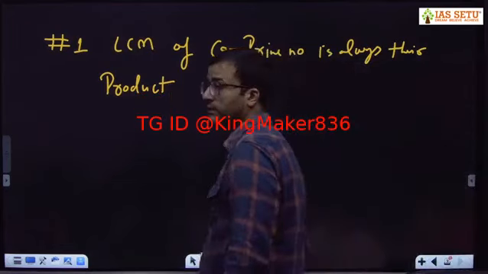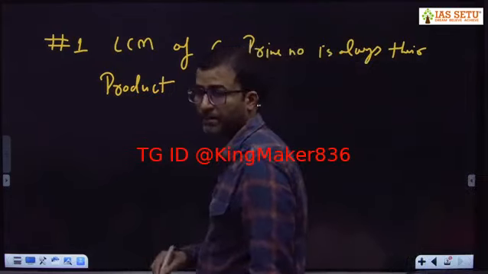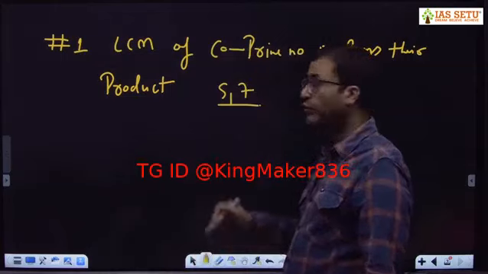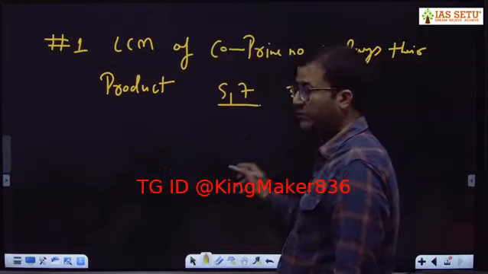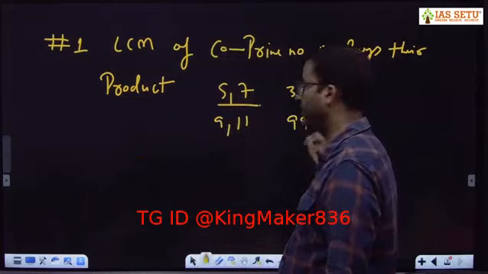Like for example, we have to find LCM of 5 and 7. So what is LCM of 5 and 7? 35. If I ask what is LCM of 9 and 11, 9 and 11 are co-prime, 99.